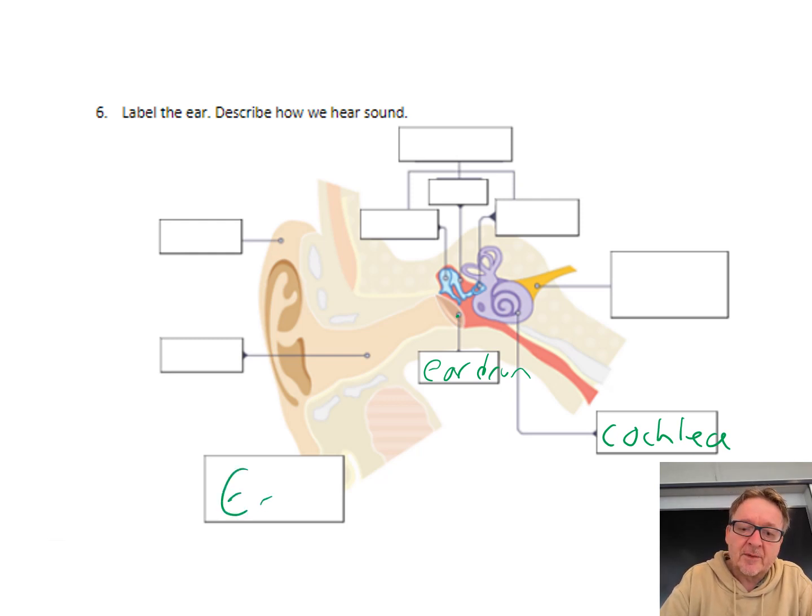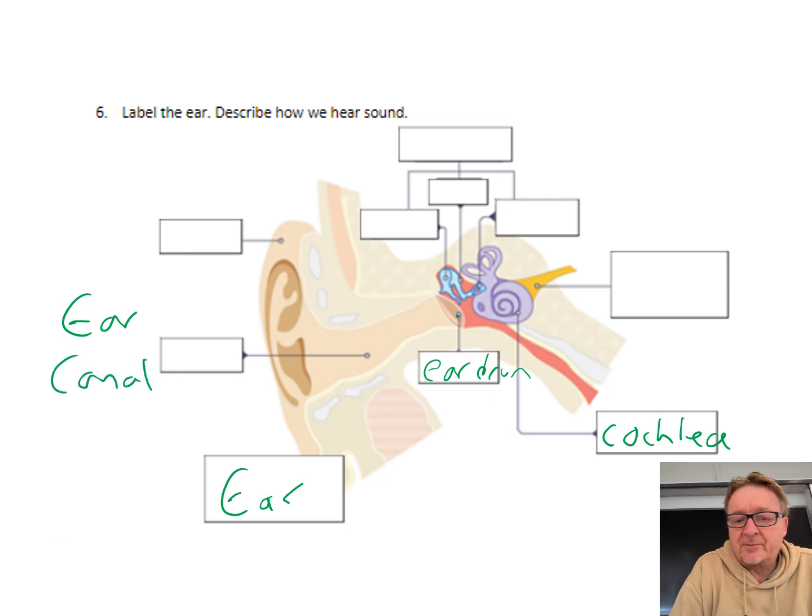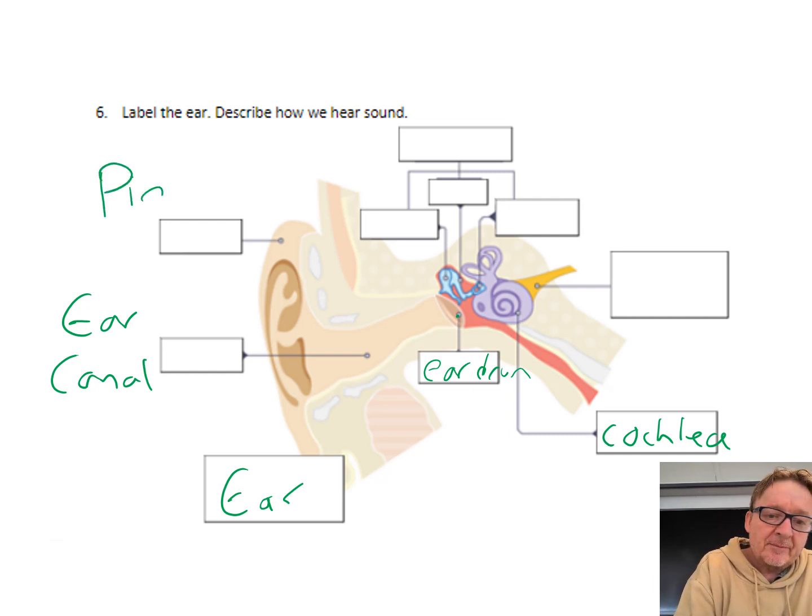Here we've got the ear canal, which is to put your finger in, but obviously you don't put anything sharper than your finger in. Here is the pinna, that's the floppy bit on the outside of your ear.